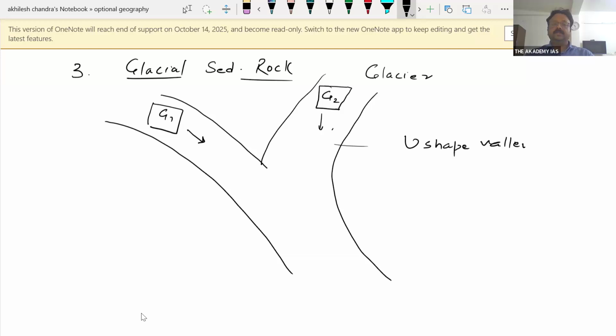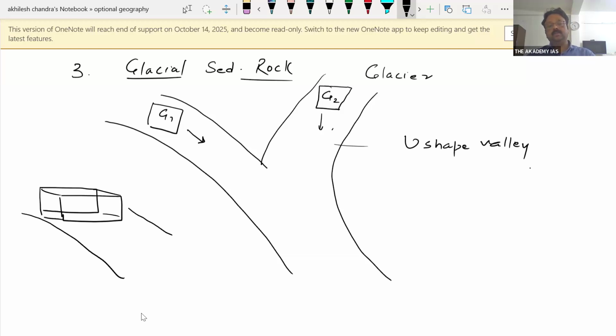As you know, a glacier is a three-dimensional structure. So when it moves, it creates a U-shaped valley. So when the glacier moves, children, this is the bedrock, and it also gets abraded here. And this is the side wall.